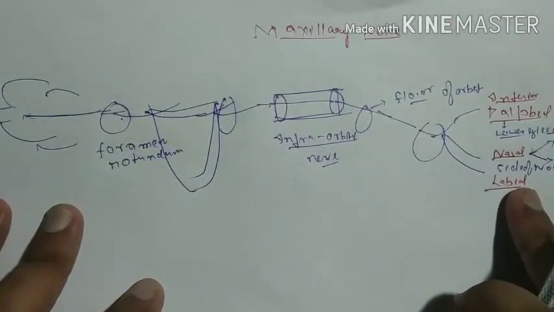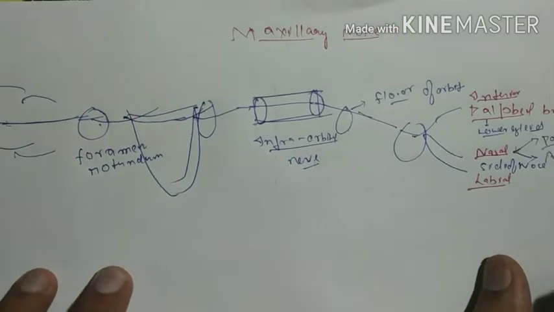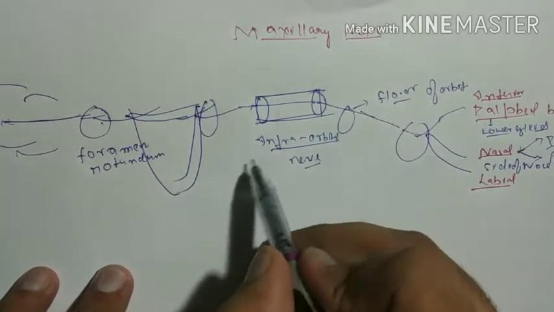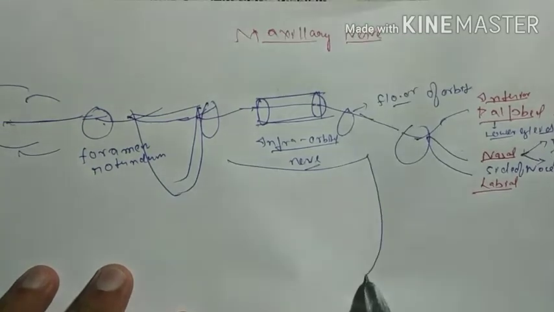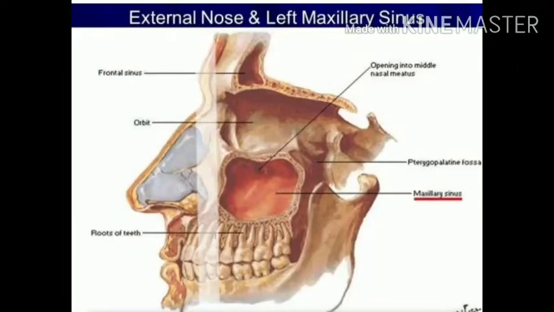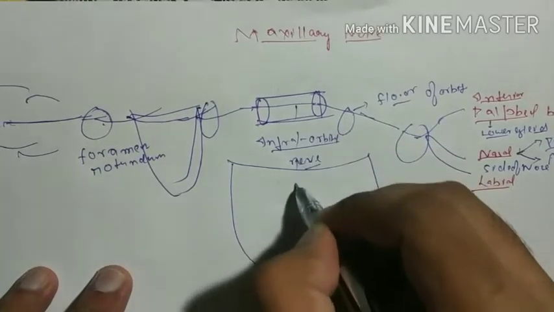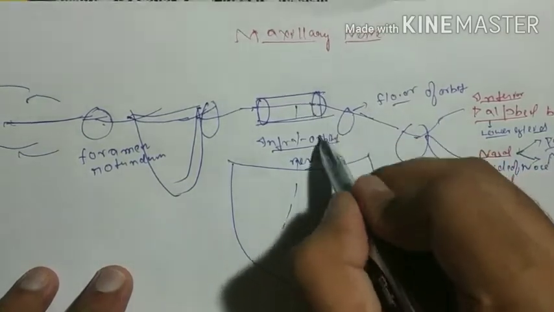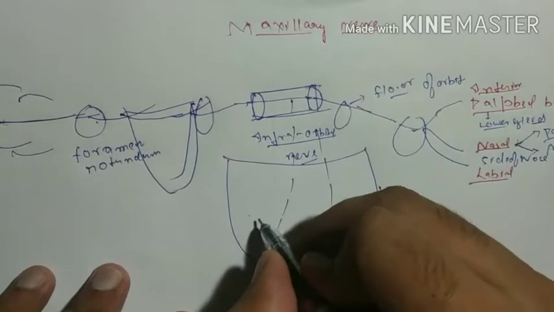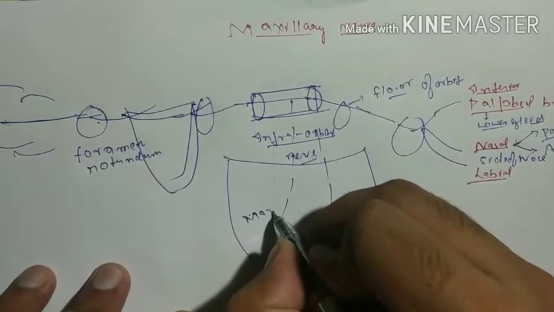In the infraorbital canal or infraorbital nerve, it gives two branches. This portion is termed the maxillary sinus.